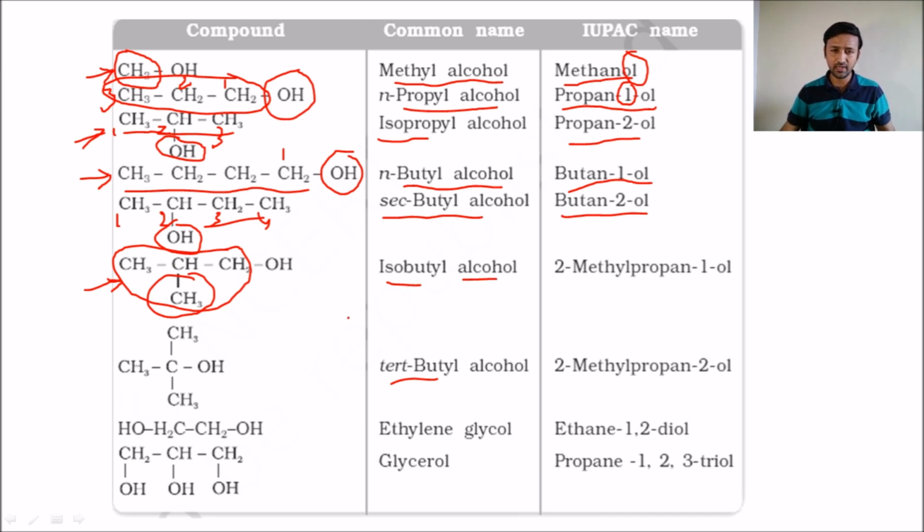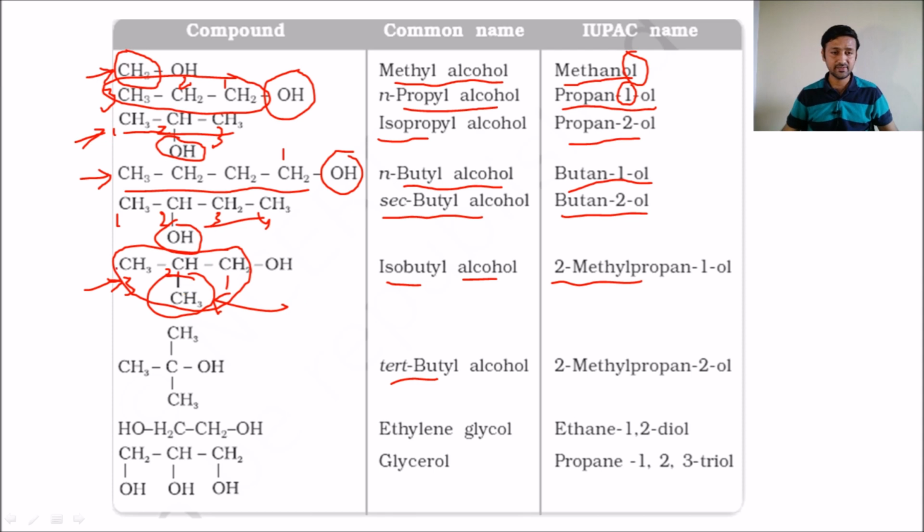And for isobutyl alcohol, we can take the IUPAC name. Let me first take numbering now: 1, this is 2, and 3. The longest possible chain contains 3 carbon atoms, and it contains one substituent, which is methyl, attached to the second carbon, so it should start with 2-methyl.